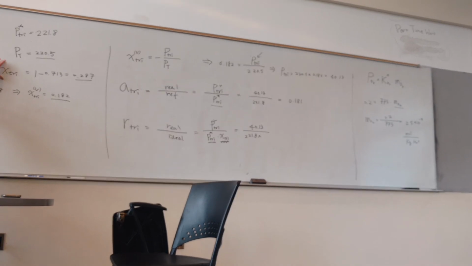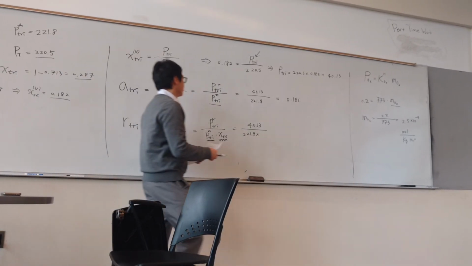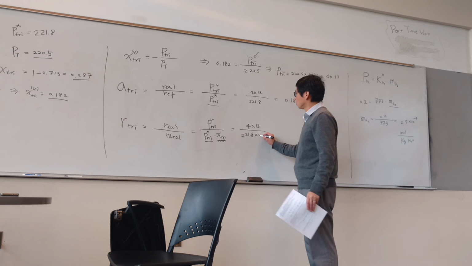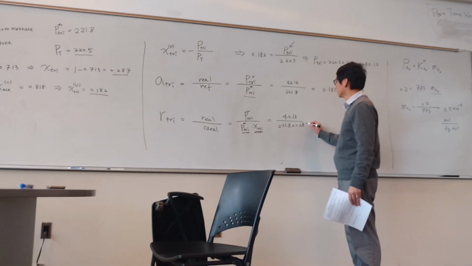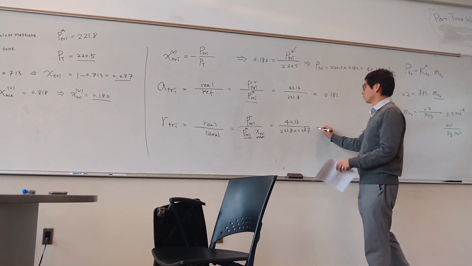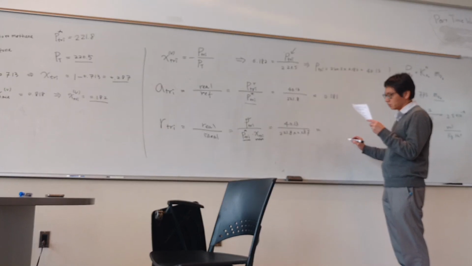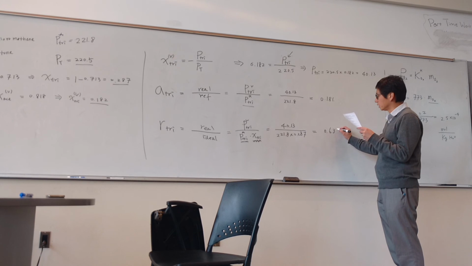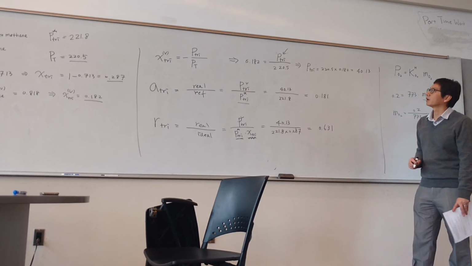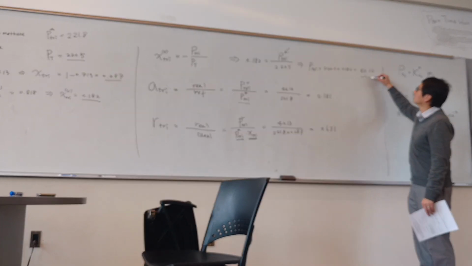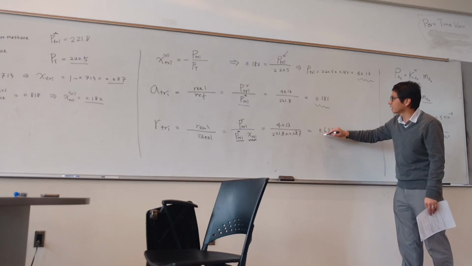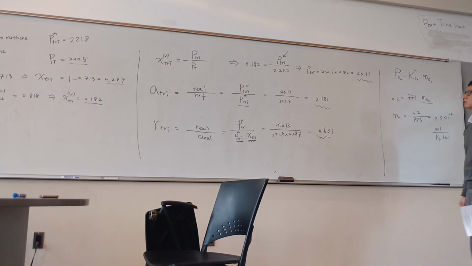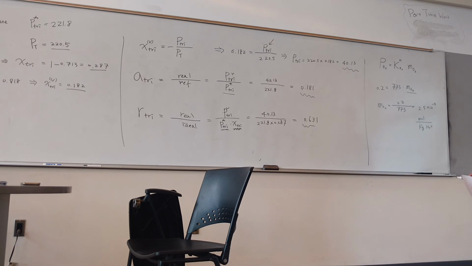So it's multiplied by 0.287, and you do your calculation, this will give you a number of 0.631. Okay, so you need to show this, you need to show that, to get full score for this question.